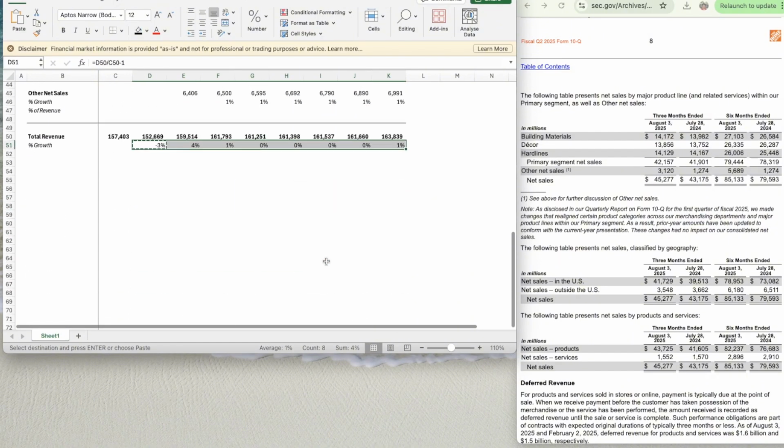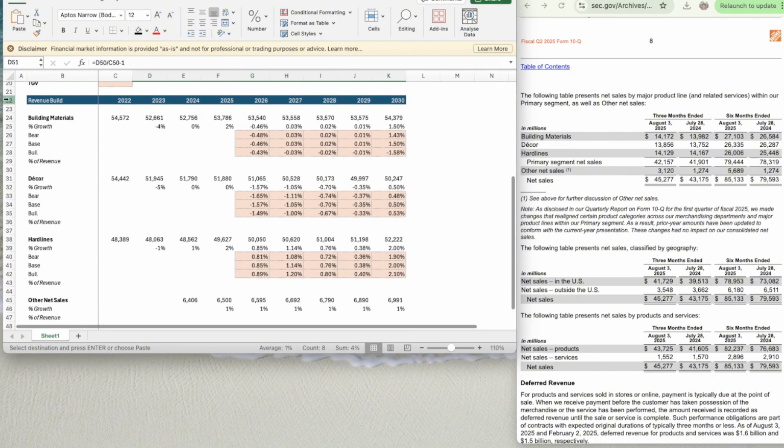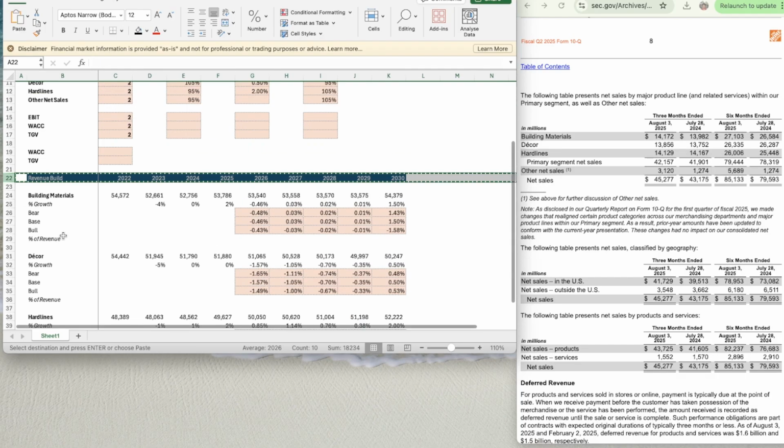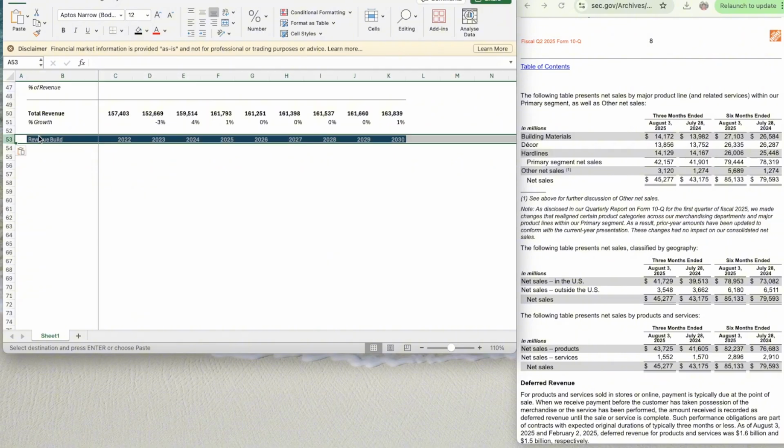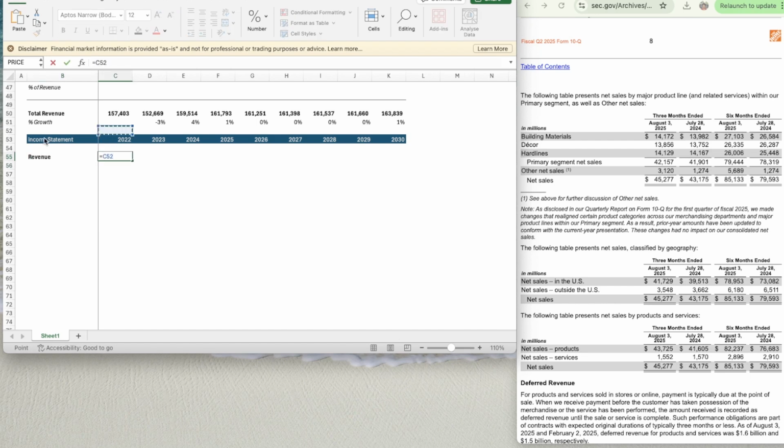And now we're going to go on to the income statement. So we take this, we come here, and we call this income statement. And the first is revenue. We just put this equals. I'll zoom in so it's easier to see.